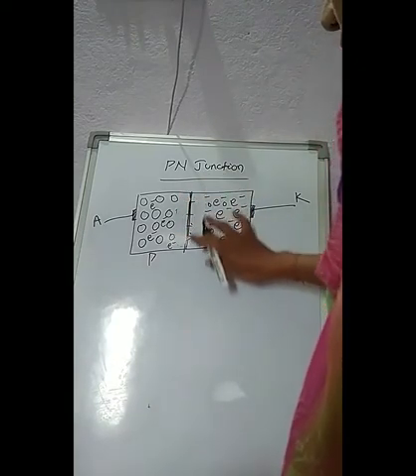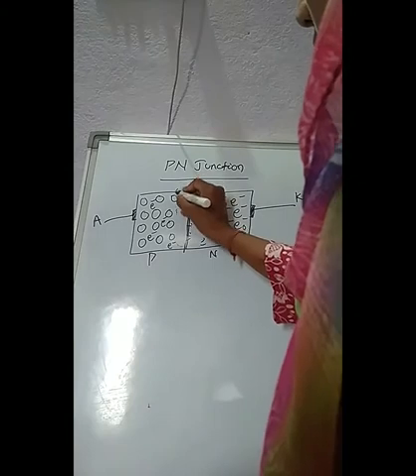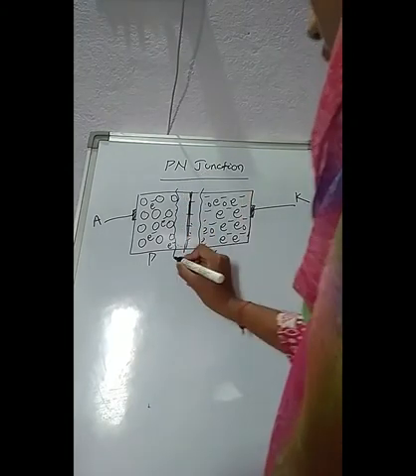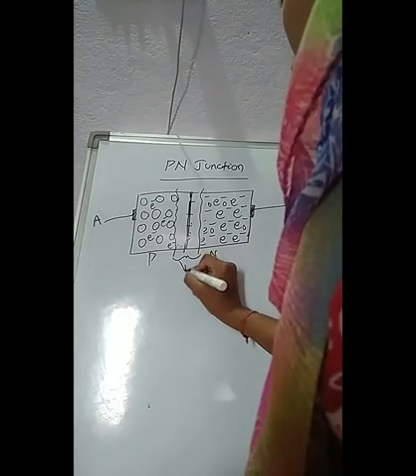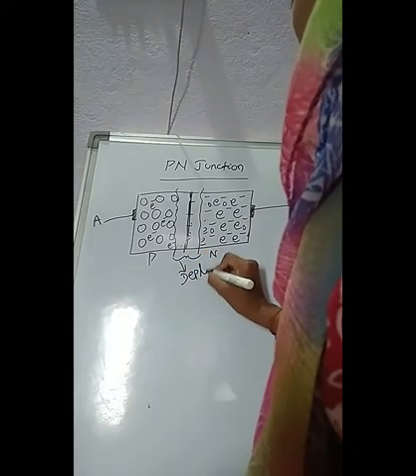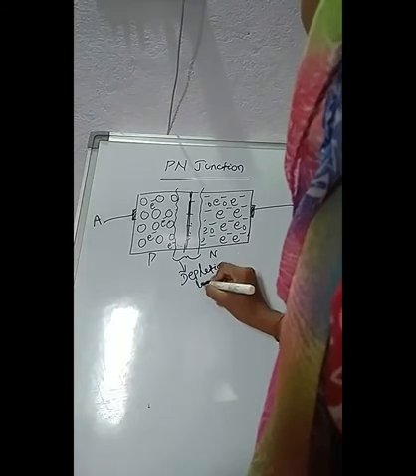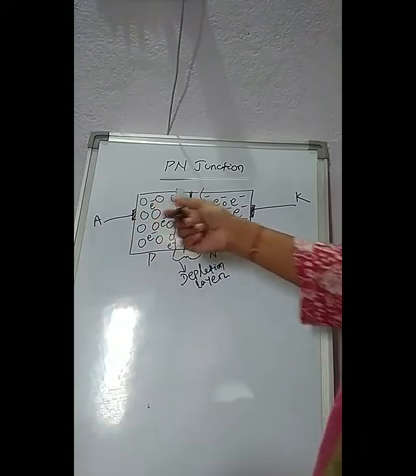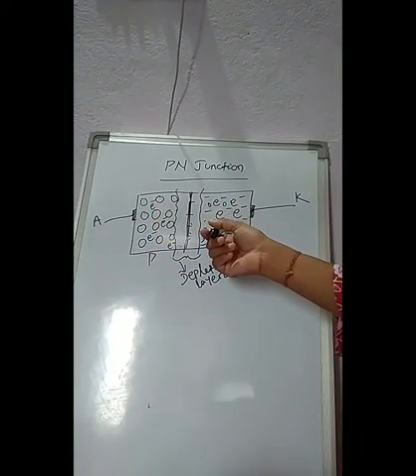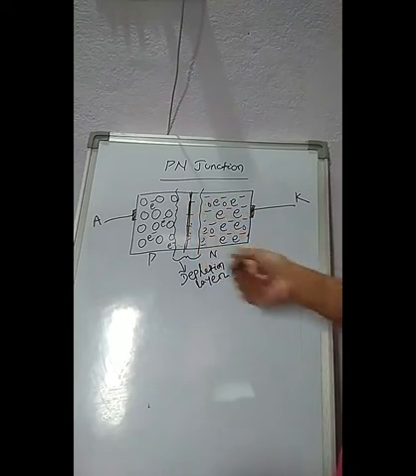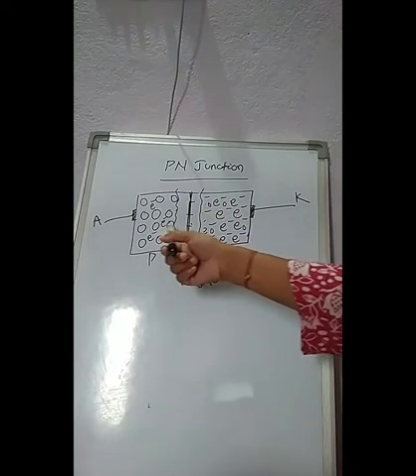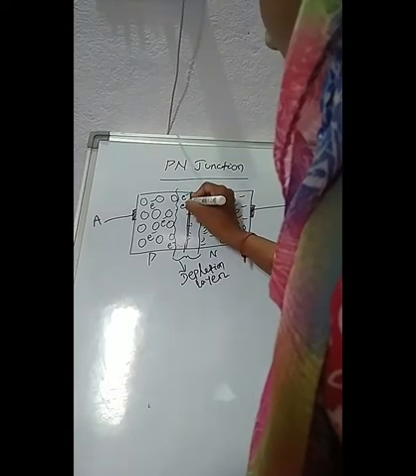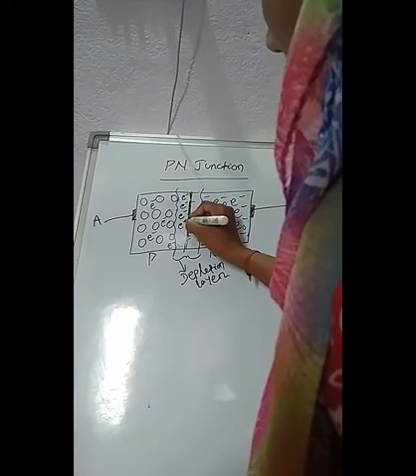One layer is formed. This layer is known as the depletion layer. How does it form? When holes diffuse with the electrons, and from this layer electrons diffuse with the holes, the remaining charge carriers are stored near this junction.